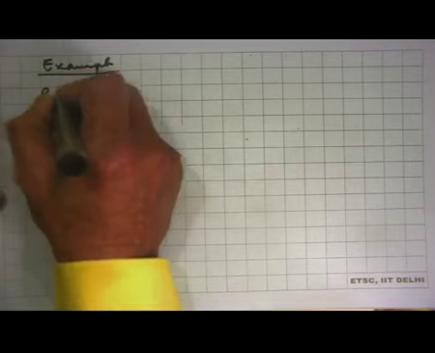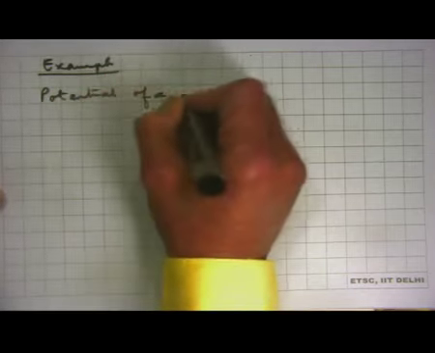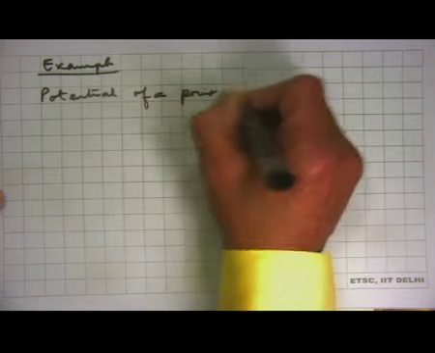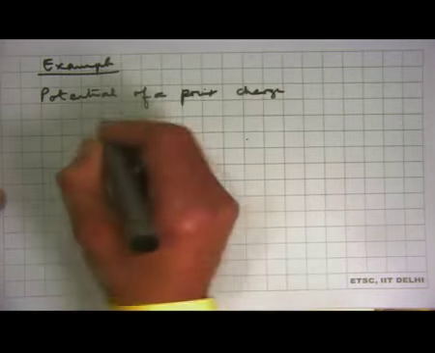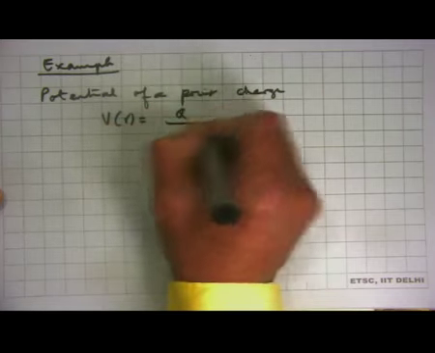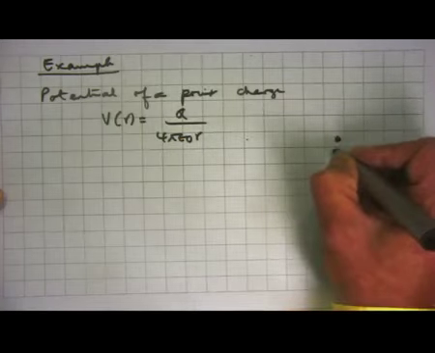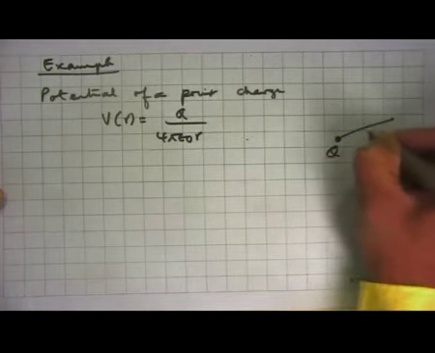Potential of a point charge. V of r we have already calculated is q by 4 pi epsilon 0 r, where q is here and r is the distance.